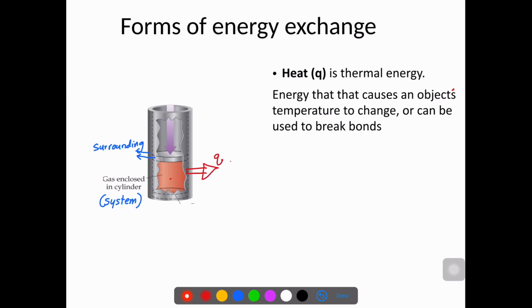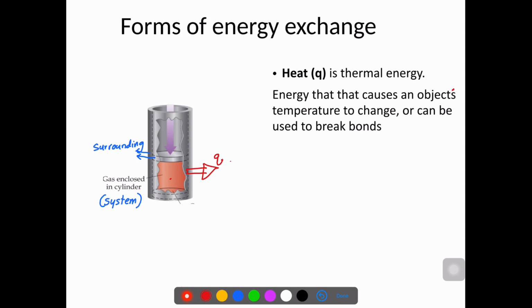Now we have to use a sign convention here. Q is how you denote heat. You never say heat of the gas. Heat is always the output or the input. It is referring to the amount of energy that's coming out or going in, and it's always associated with a temperature change.